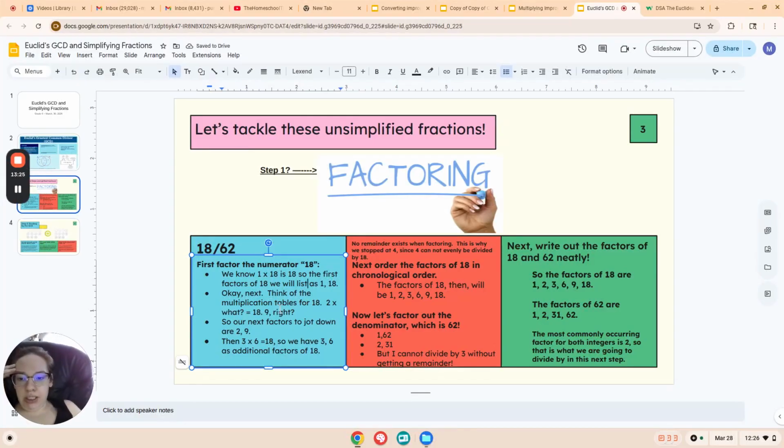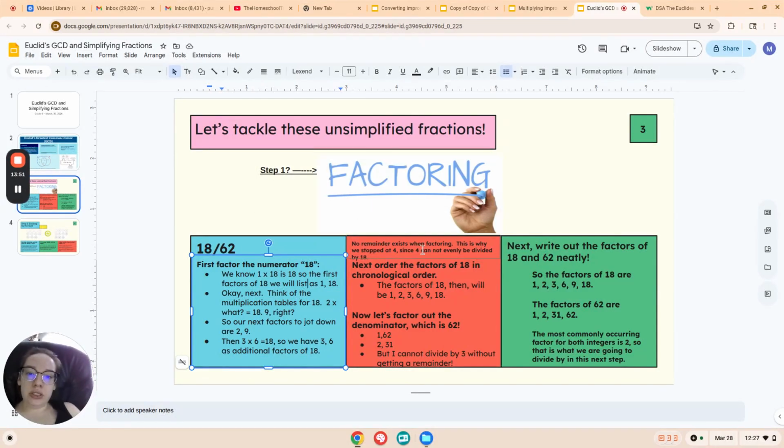Next, think of the multiplication tables for 18. So go up to the factors of 2. 2 times what is 18? 9, right? So our next factors to jot down are 2, 9. Then 3 times 6 equals 18. So we have 3, 6 as additional factors of 18. Now let's go over here.